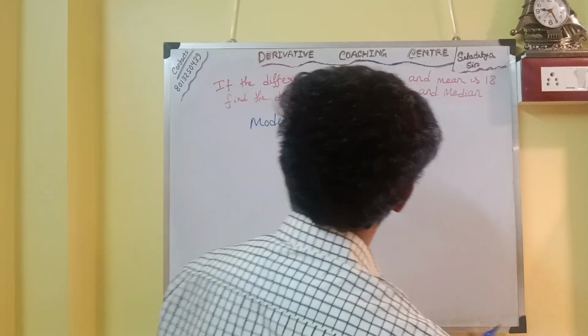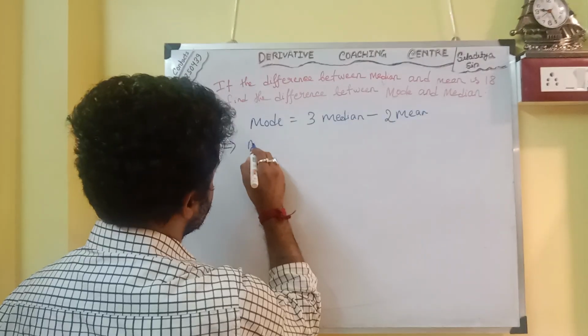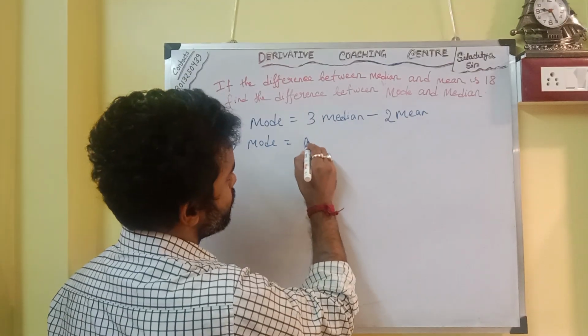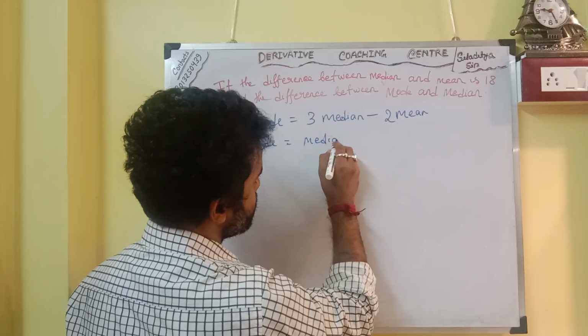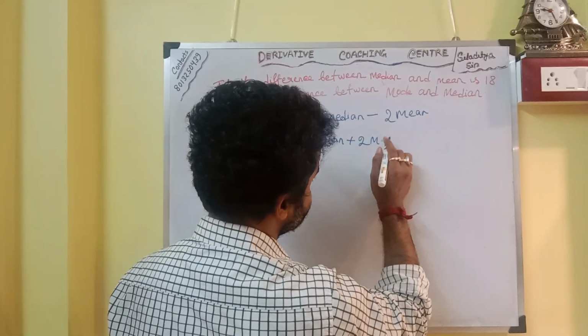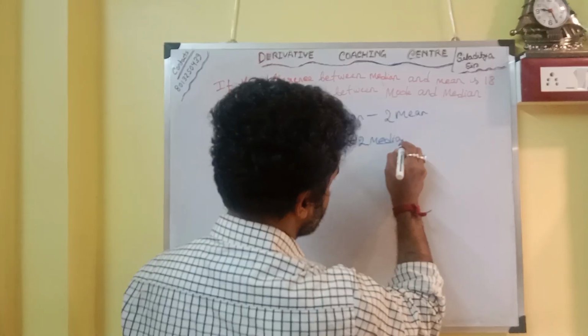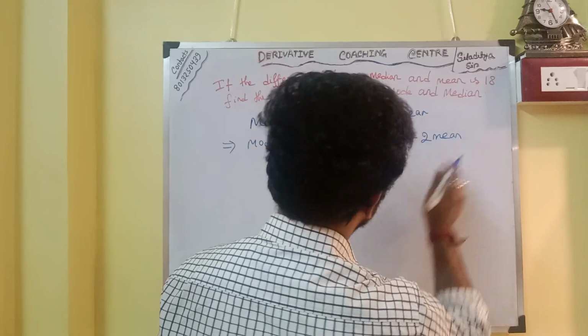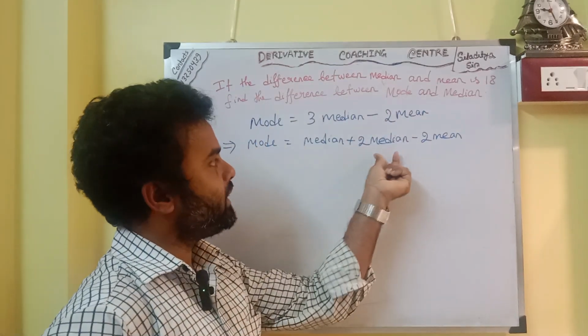Now the mode equal to, here we can write the 3 median as 1 median plus 2 median minus 2 into mean, because 1 median plus 2 median is 3 median.